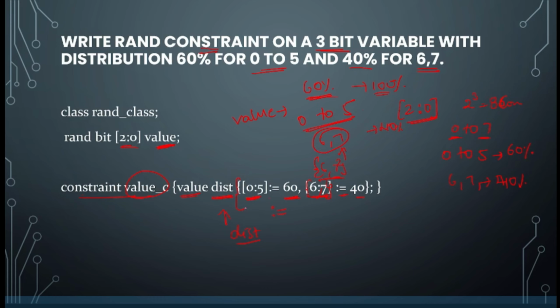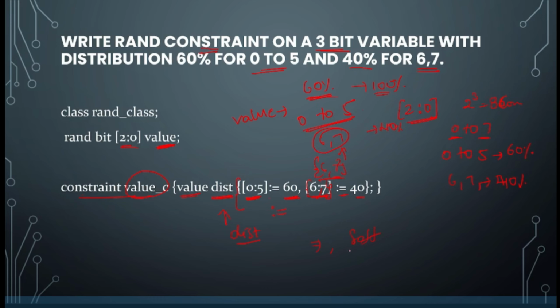There are many other things, like you can use implication operators, and you will be asked to write an implication or use the implication operator, or you will be asked for soft constraints. Or you can use the inside constraint to write the code, or you can write the constraint with conditional operators or if else blocks.